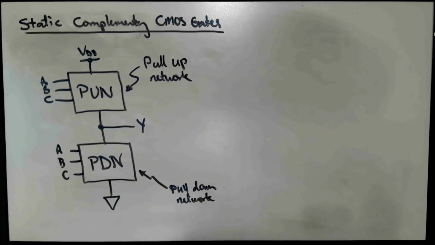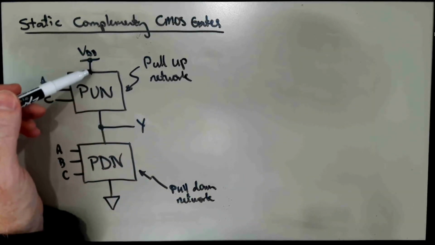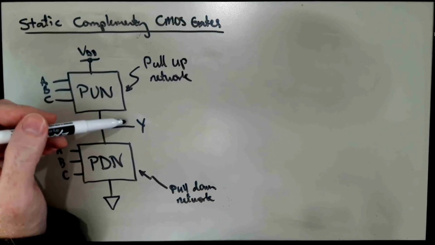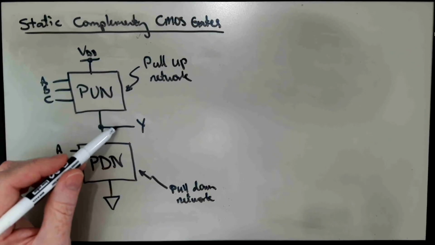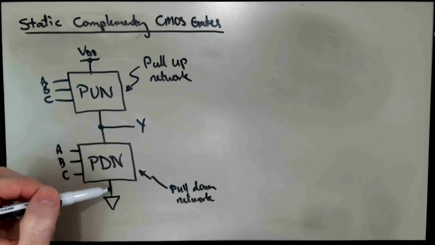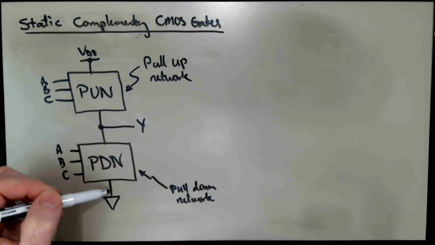So the pull-up network pulls the output high by making a nice low impedance conduction path between VDD and the output. The pull-down network pulls the output down to ground by producing a nice low impedance path between the output and ground.